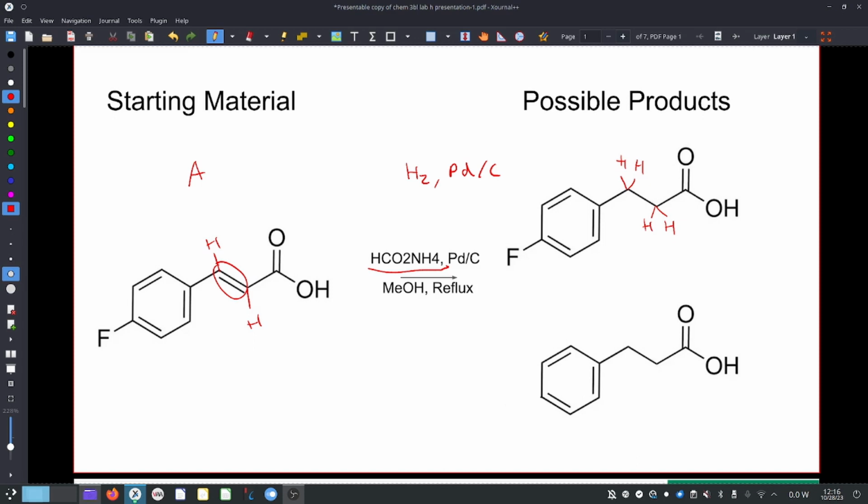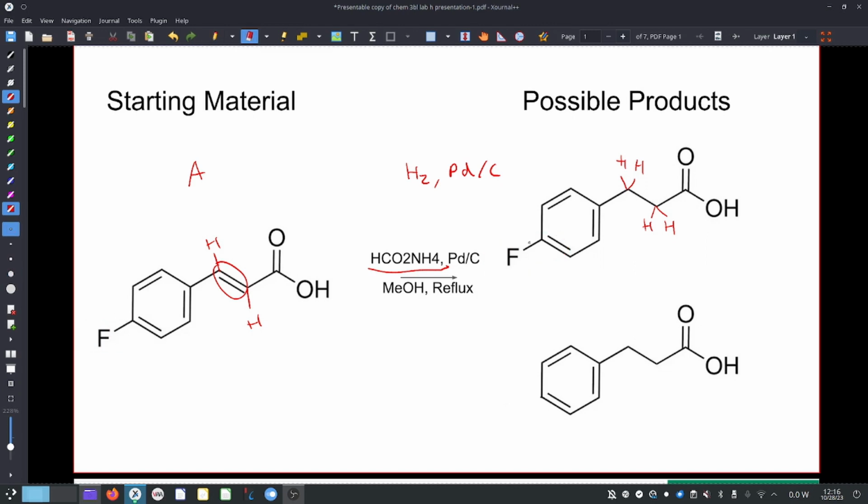But in this particular case, it's also possible for halogens to be removed. So if we had a chlorine as well, I think that's one of the other molecules, then there's a chance that the chlorine will be removed. But according to your lab, you should see that while the chlorine was in fact removed from the final product, the fluorine one didn't.